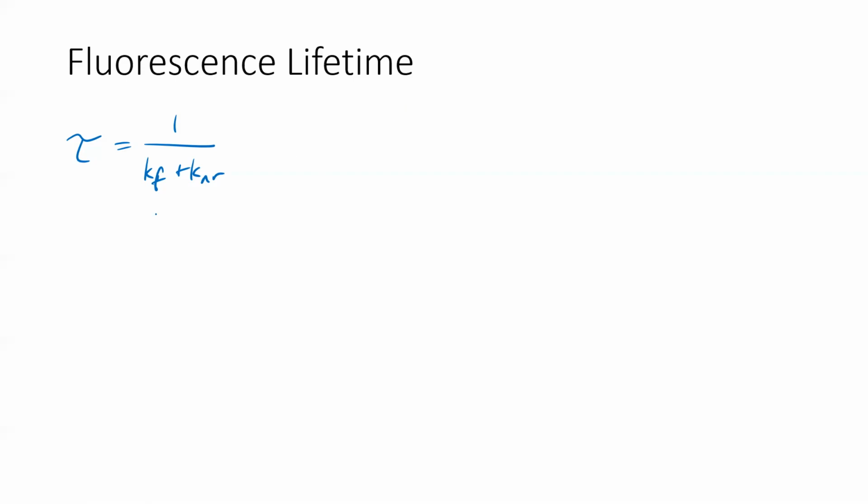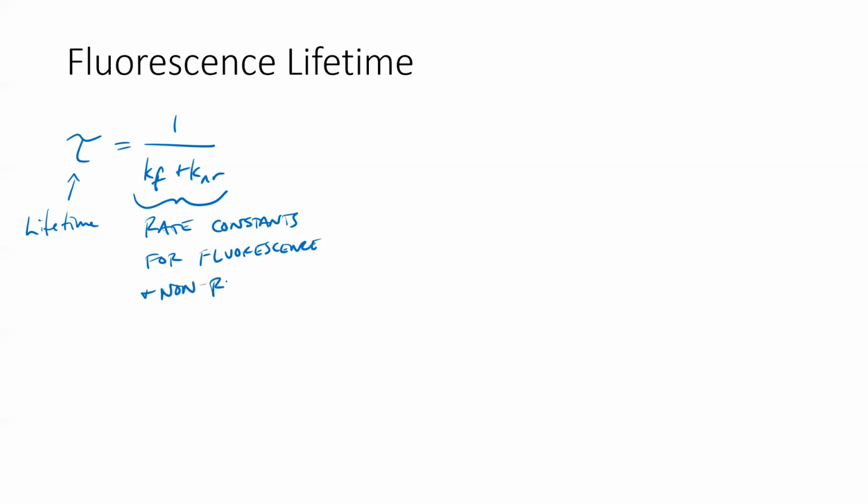We can look at intensity. So this, right, is our lifetime. These are our rate constants, for the fluorescence and the non-radiative. Another way we can look at this is that the intensity is related to this lifetime.